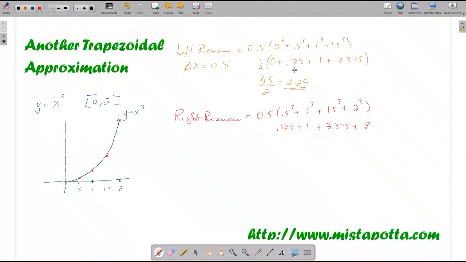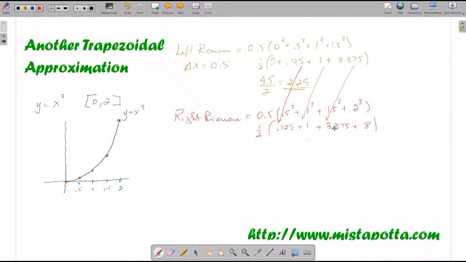And again, notice that the only difference here is that this left-hand endpoint is being replaced with this right-hand endpoint. So I'm going to have to take half of this sum here.